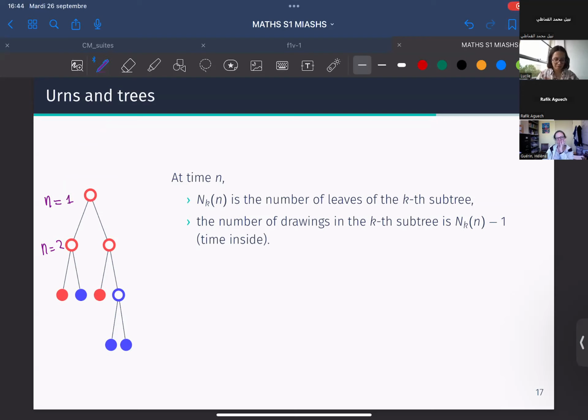construct a tree such that every time we pick a ball, that a ball is like a leaf for the tree, and whenever we pick a leaf, then it's not a leaf anymore, because it gives birth to two leaves.